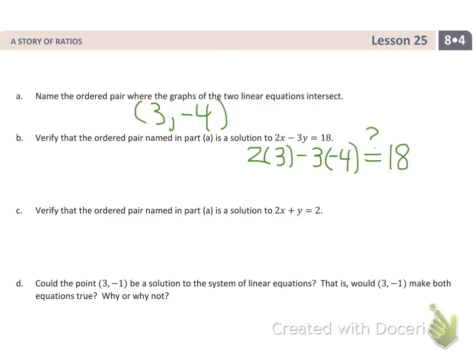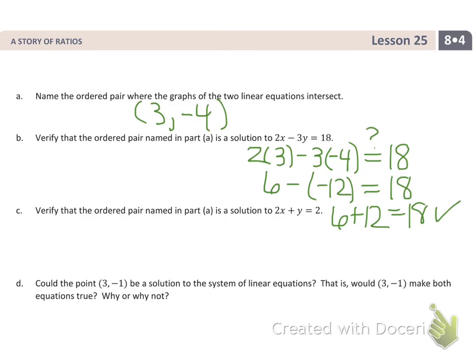So we have 2 times 3 minus 3 times negative 4, and I'm asking, is that equal to 18? So we have 6 minus a negative 12, and is that 18? 6 minus negative 12 is the same thing as 6 plus 12, and that is equal to 18.